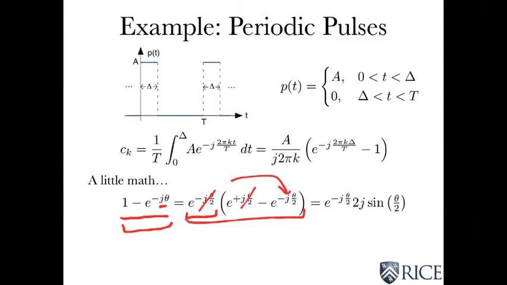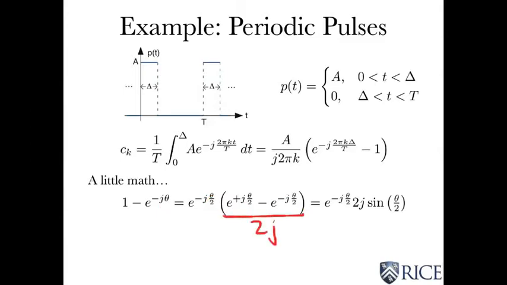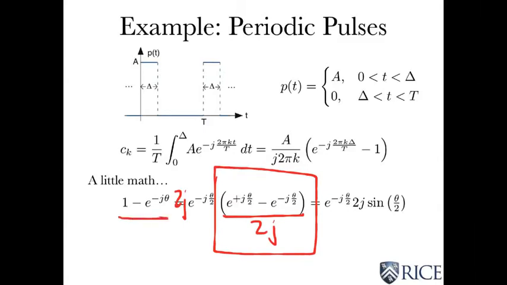Well, that's very exciting, because if I divide this by 2j, multiply by 2j, what's that? Well, that turns out to be Euler's formula for a sine wave. And so after all is said and done, this term here is equal to that.